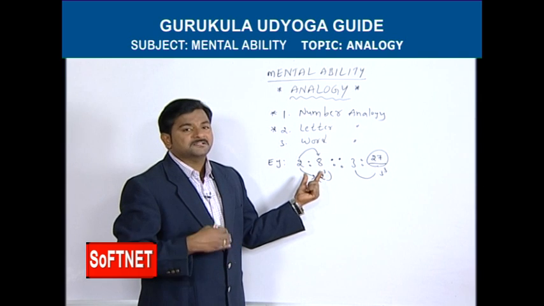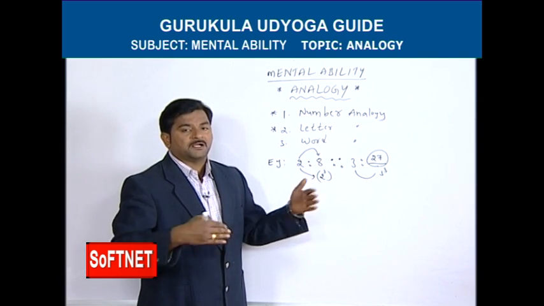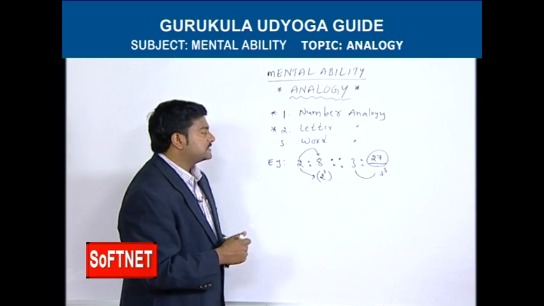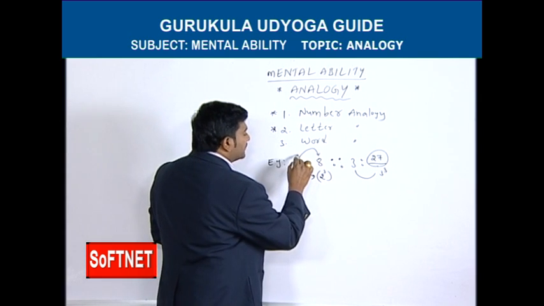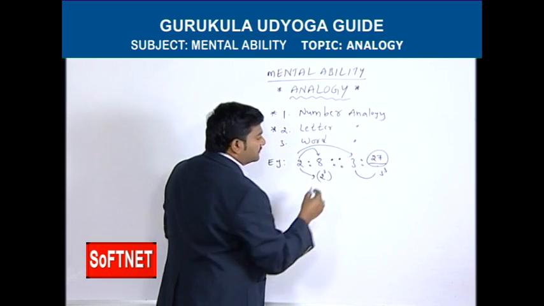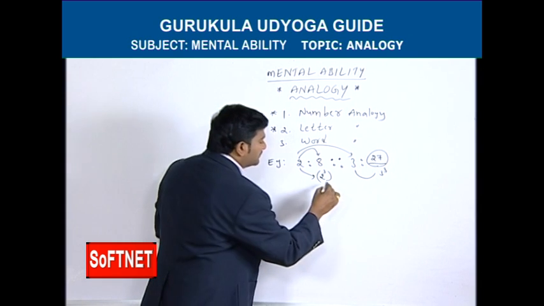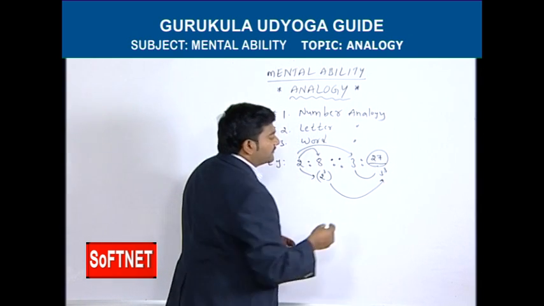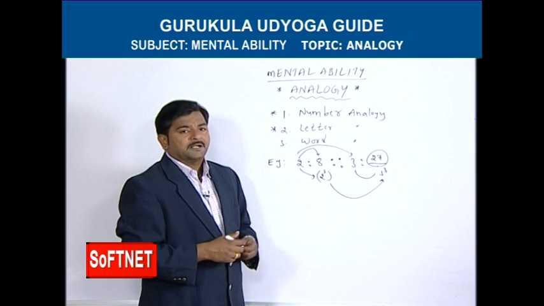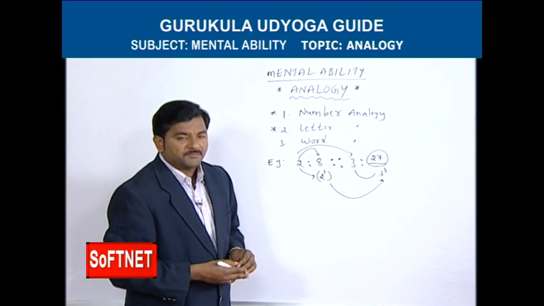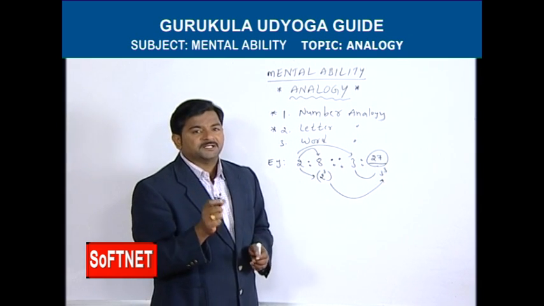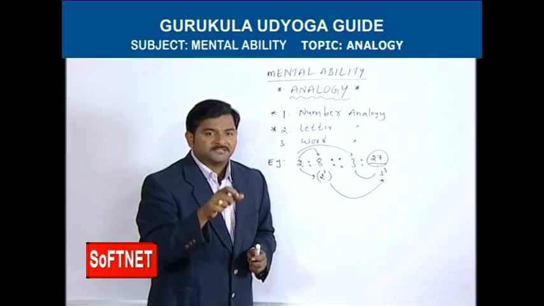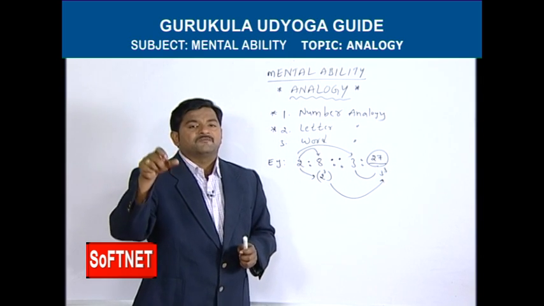Usually 90% of the questions can be solved by identifying the relation between the first pair, and the same concept we apply to the second pair also.